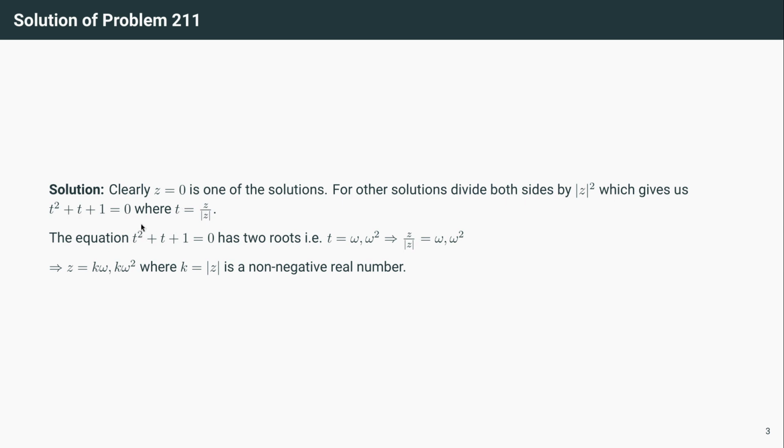From our cube root of unity equation, t squared plus t plus 1 has two roots, omega and omega squared, which means z by mod z is equal to omega and omega squared. This gives us two more values for z, that is k omega and k omega squared, where k is mod z, which is a non-negative real number.